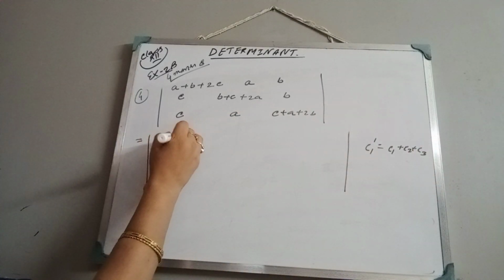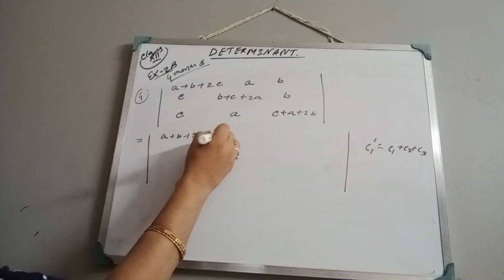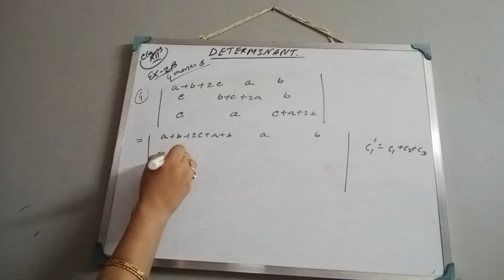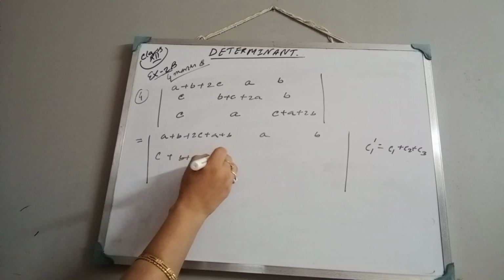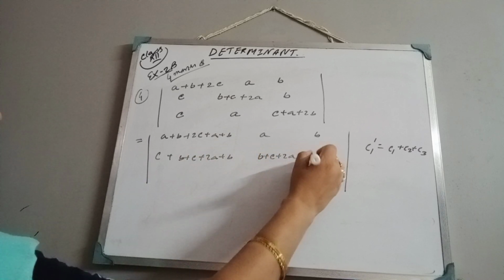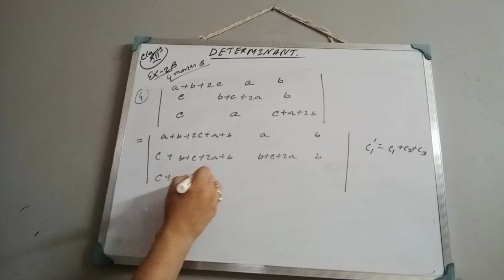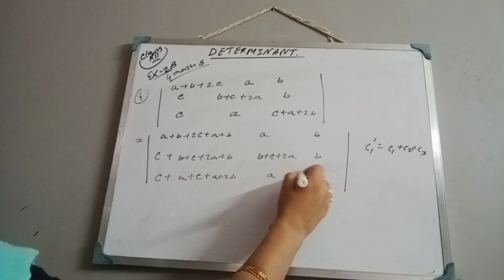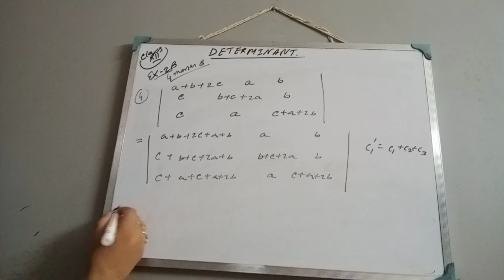So it is coming A plus B plus 2C plus A plus B, plus A, and this is A, this is B. And C plus B plus C plus 2A plus B, B plus C plus 2A, B. And C plus A plus C plus A plus 2B, A, C plus A plus 2B.